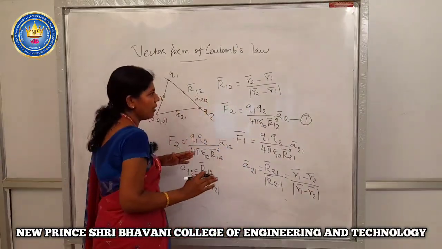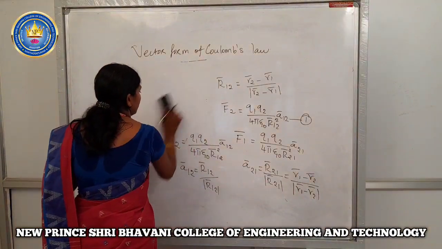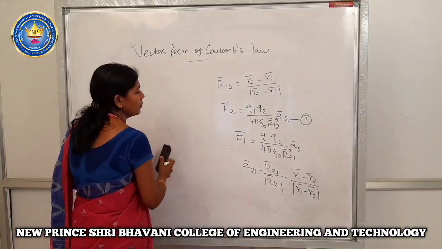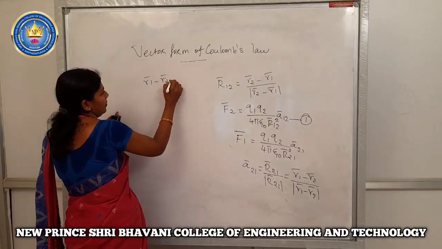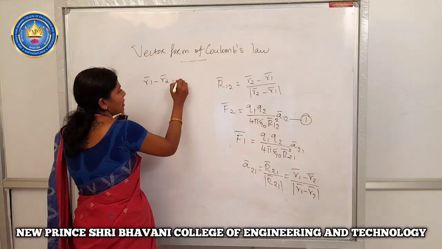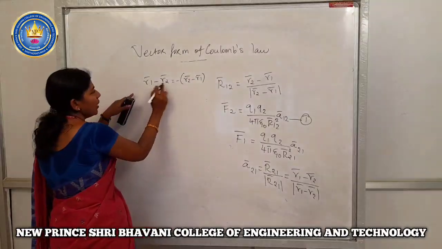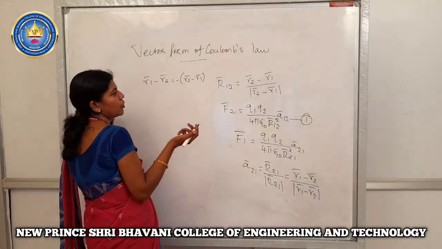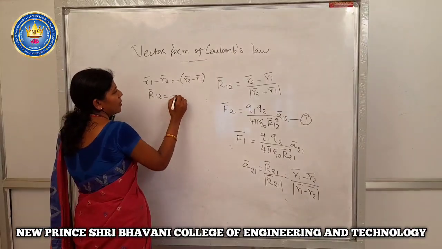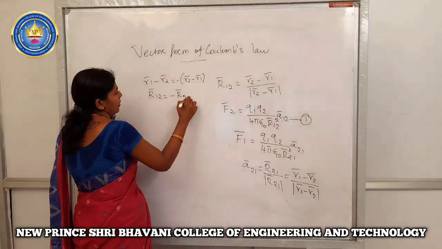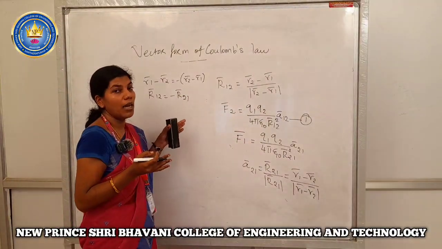Now considering r1 bar minus r2 bar, this can be written as minus of r2 bar minus r1 bar. So r1 bar minus r2 bar is r bar 1 2, which is minus of r bar 2 1. So here we get r bar 1 2 is equal to minus r bar 2 1.